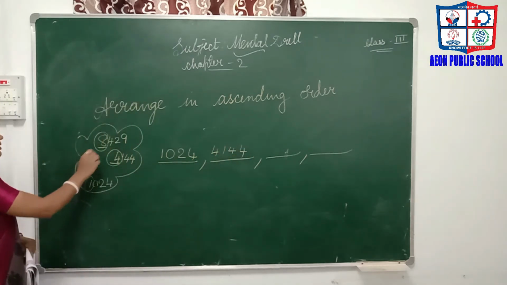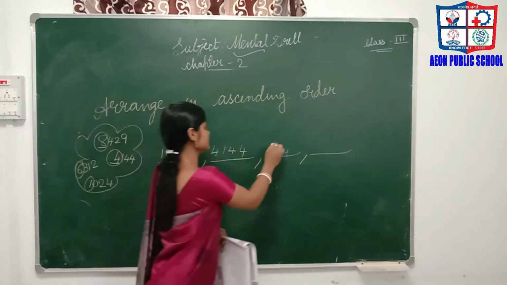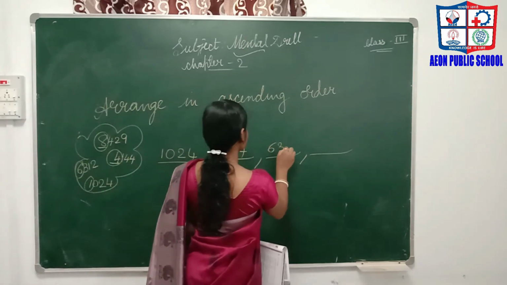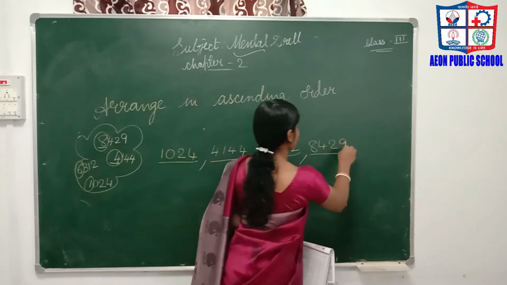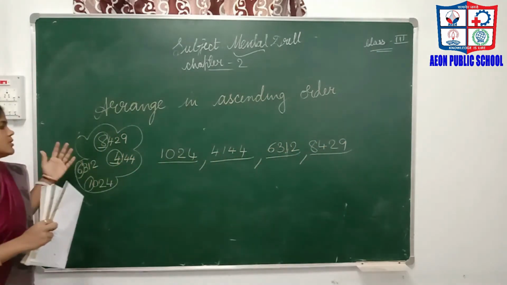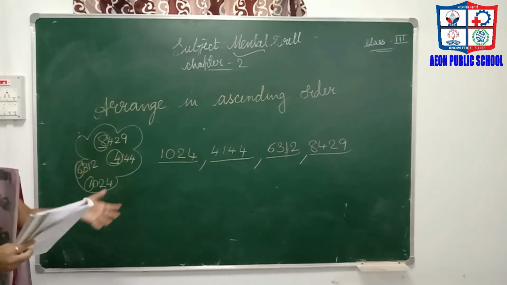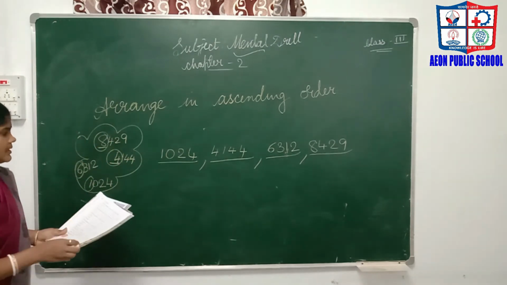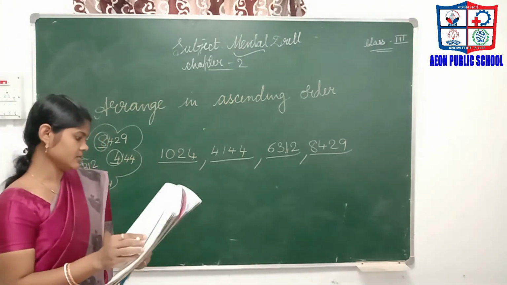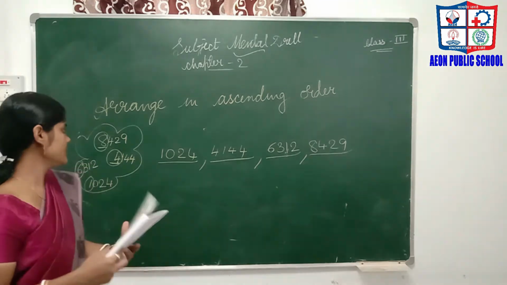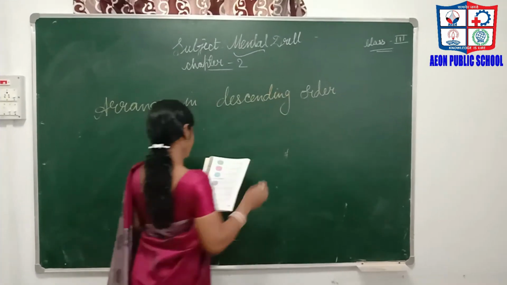Then after 4, 6 or 8: obviously 6. So 6312. Then 8429. Like that you compare from the thousands place and arrange from small to big. In the same way, you have to do page number 14, the second, third and fourth ones.